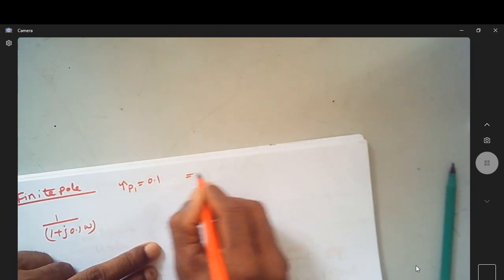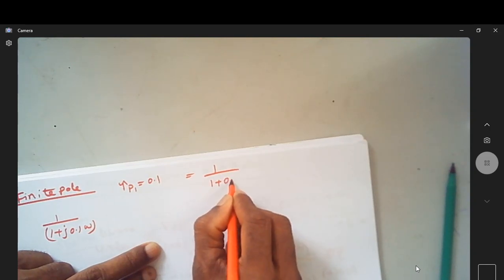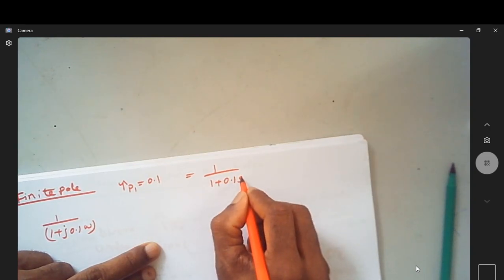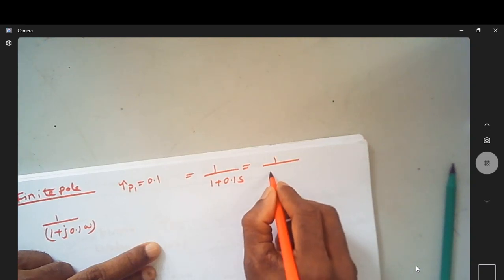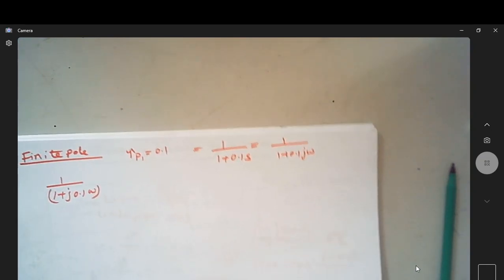So now shall I write it as 1 over 1 plus j 0.1 omega. So this S is now replaced by 1 plus 0.1 j omega. So this is now ultimately written as this.